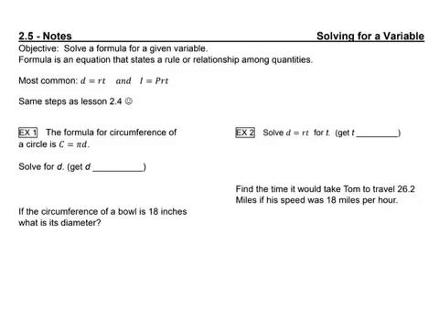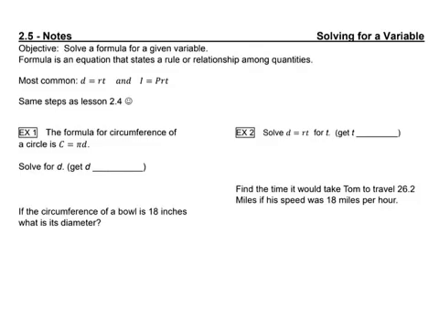Alright, so example 1, the formula for circumference of a circle is circumference equals pi times diameter. In other words, C equals pi d.